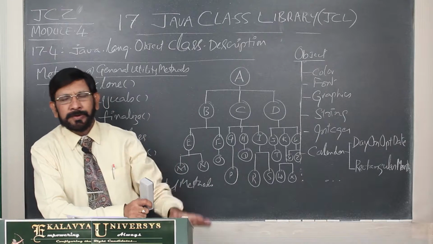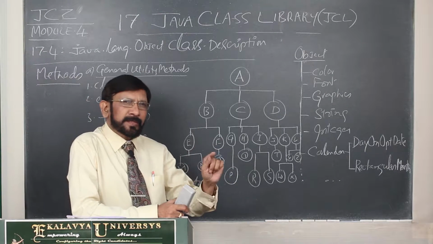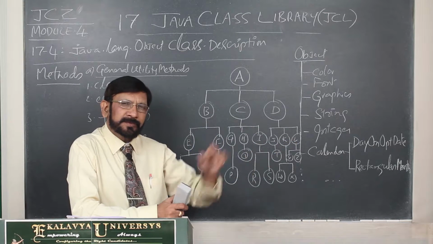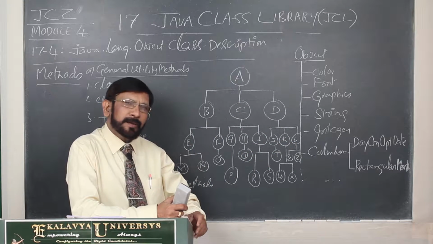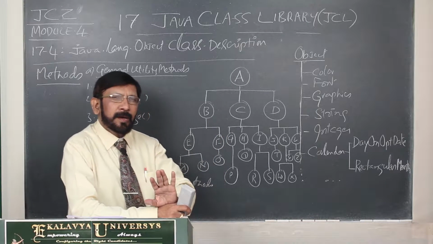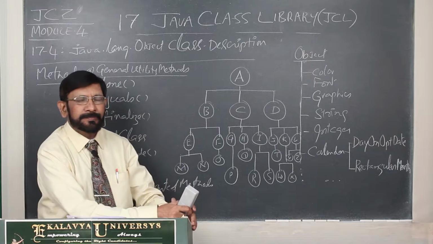First point what you have to understand is every Java class, whether it was defined in the Java class library or it may be defined by a programmer, all classes are subclasses of Object.